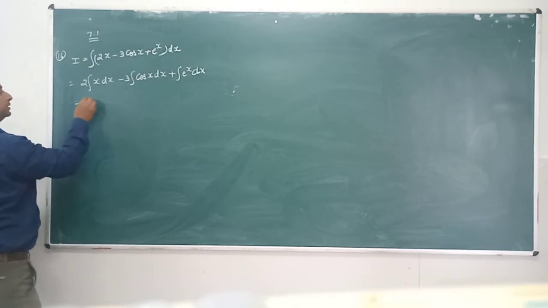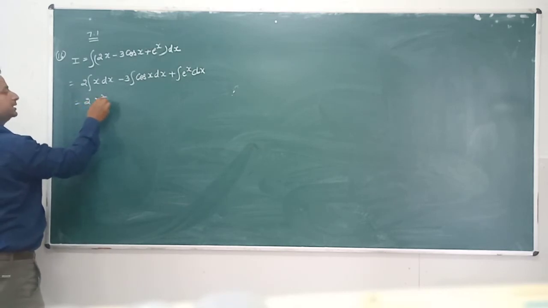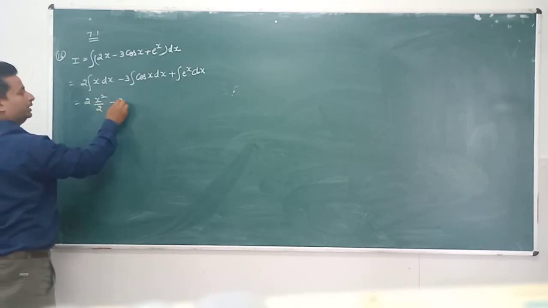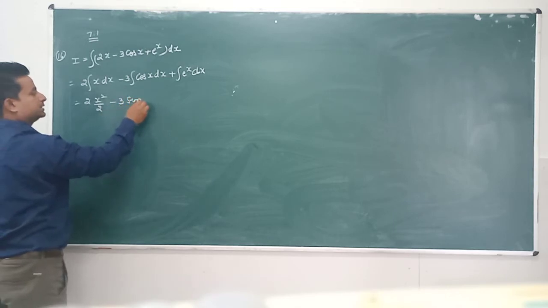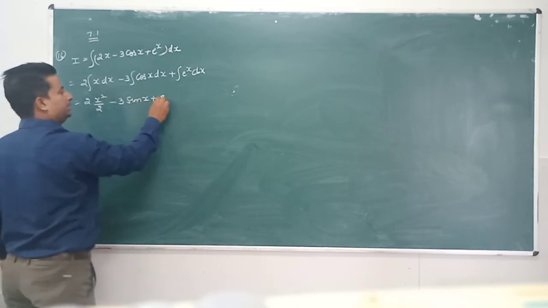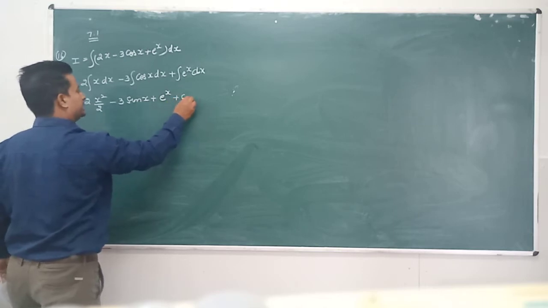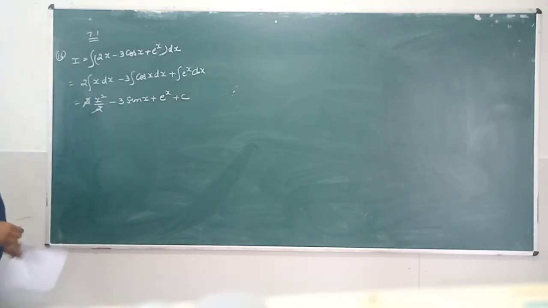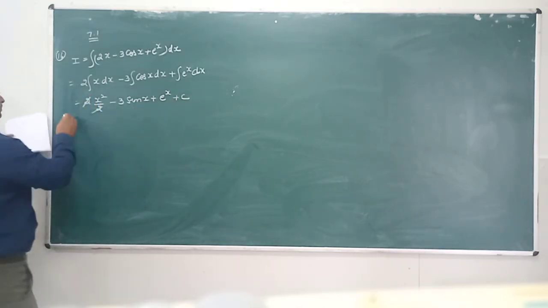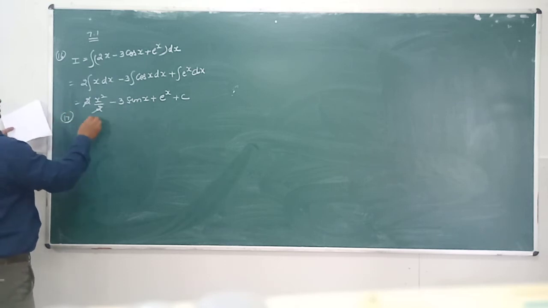So the integration of x is x square upon 2, the integration of cos x is sin x, and the integration of e to the power x is e to the power x. This is the answer of question number 16.